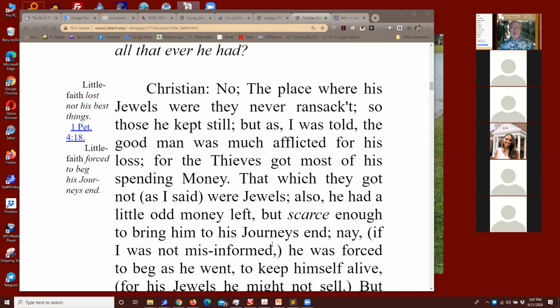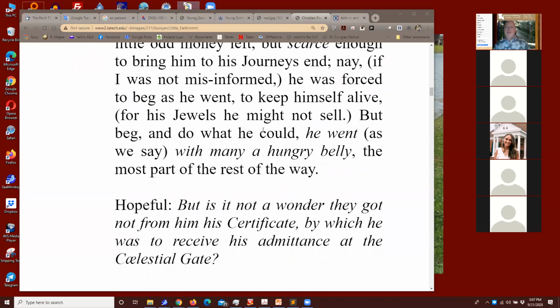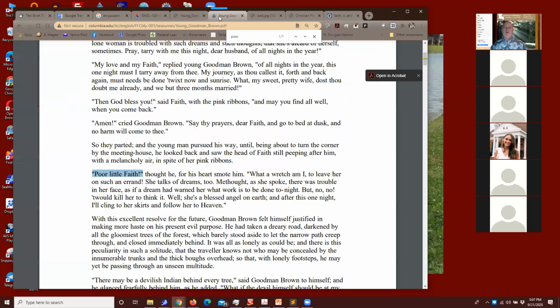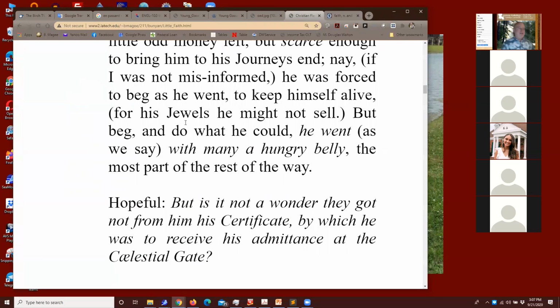And so when we had Goodman, Little Faith, and he's got Poor Little Faith, and then you've got young Goodman Brown and Poor Little Faith, I said, there's got to be a connection here. So I started studying, and indeed, Hawthorne loved this book. He studied it, he read it when he was a kid because it was the only thing besides the Bible that he could read on Sunday.